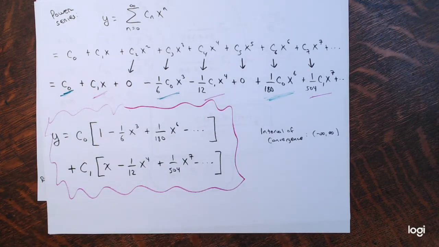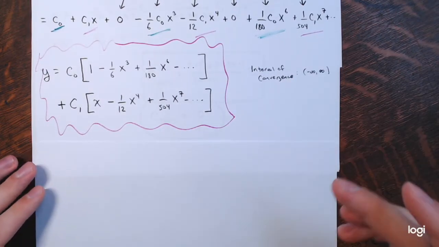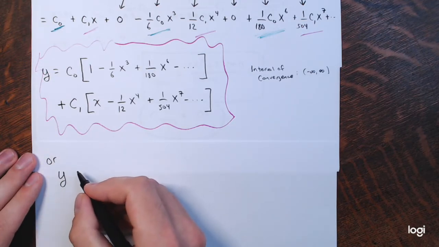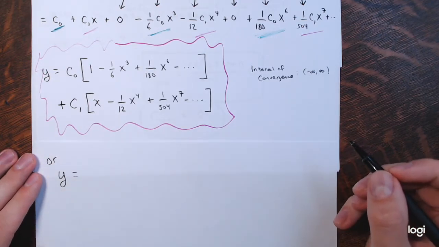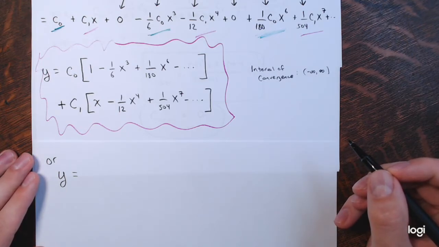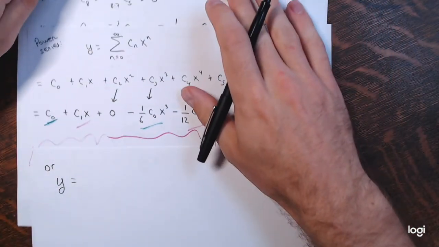Now, if you actually saw the pattern I set up earlier, you could also have done this, right? Y equals... let's see, would that work out for those coefficients?